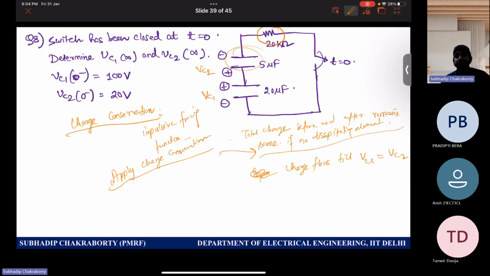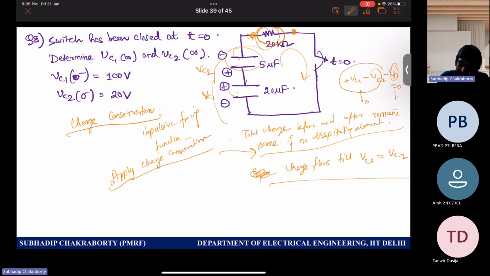Once VC1 equals VC2, no charge can flow, because to the resistor, it appears as a zero voltage. If VC1 and VC2 are same, then plus VC1 minus VC2 minus VR equal to 0. So if this is 0, then VR is 0. And if VR is 0, no IR will flow.